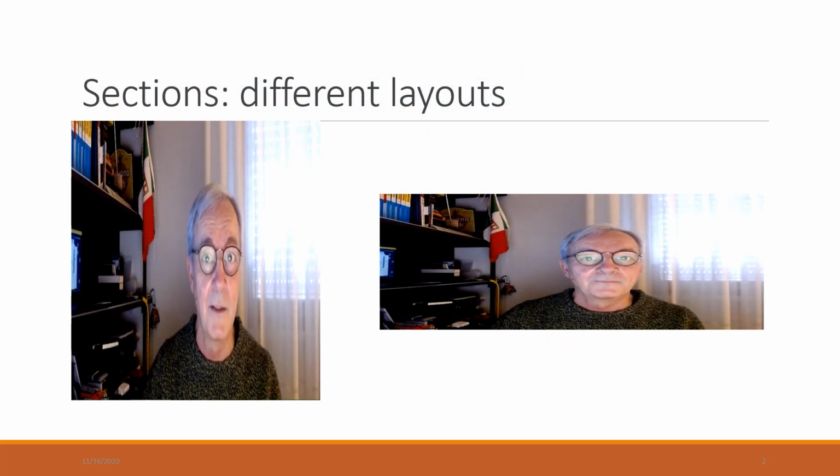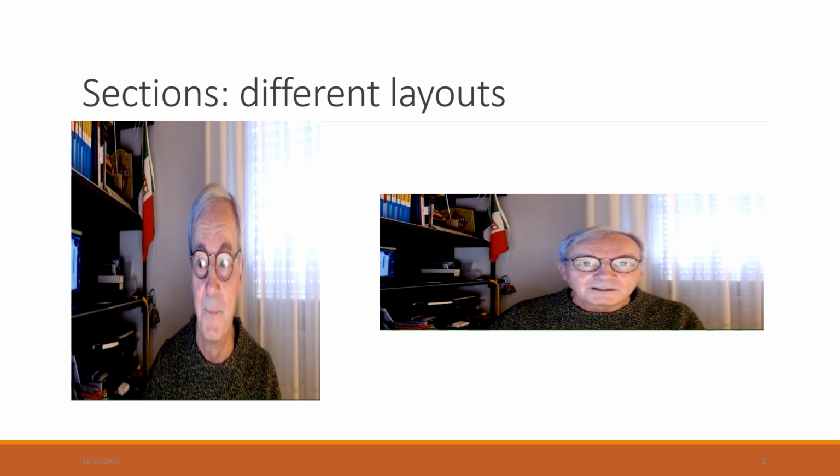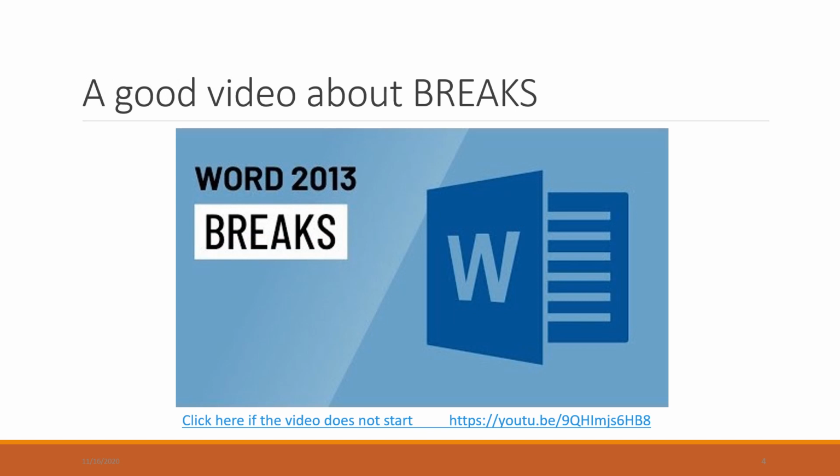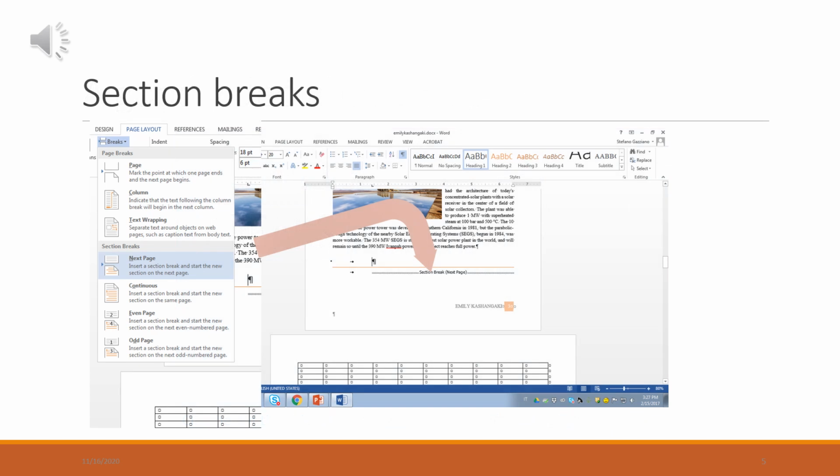You may have vertical sections and you may have horizontal sections. So a section break is introduced by the Page Layout tab, and then you see the blue highlighted option, Section Break Next Page, which goes to the next page, of course.